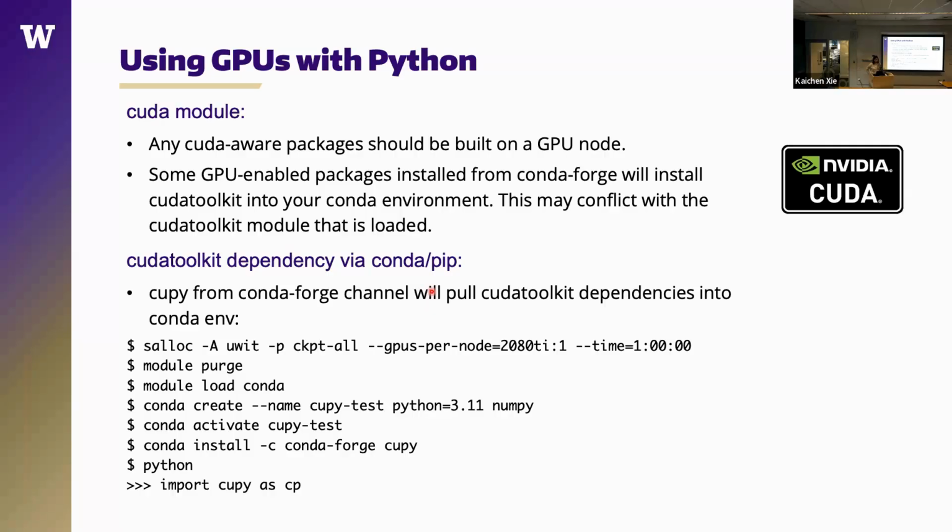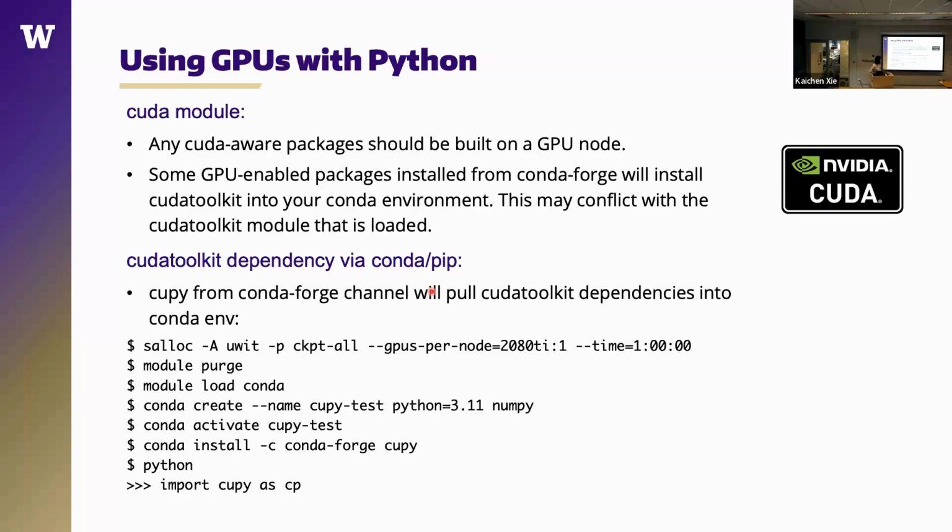This may conflict with the CUDA toolkit module that is loaded, so please be aware of the version control if you have complex dependencies. For example, here we show how to install CuPy, which is a CUDA-aware package, from the Conda Forge channel. It will pull CUDA toolkit dependencies into your Conda environment.